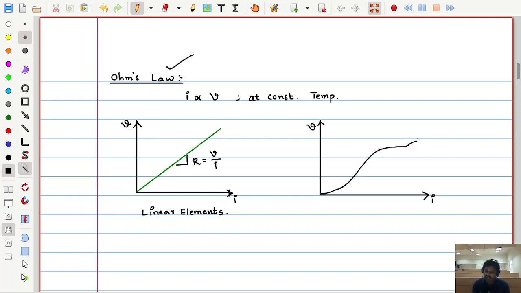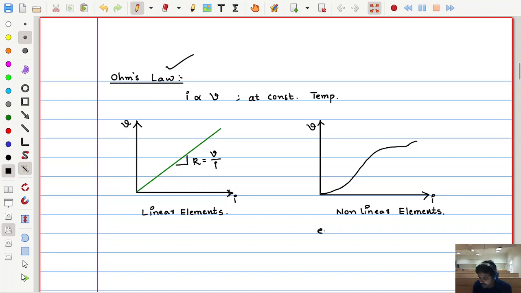That we call non-linear elements. So you can conclude that the elements which obey Ohm's law are linear elements, where the voltage-current characteristics look like a straight line, and the elements which do not obey Ohm's law are non-linear elements.